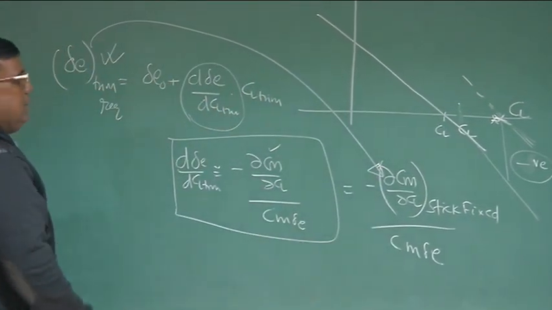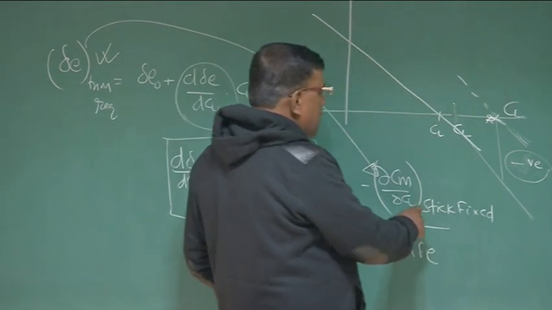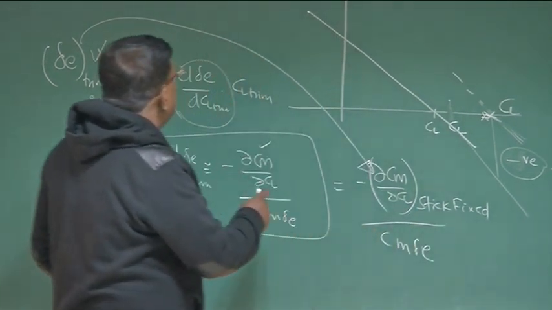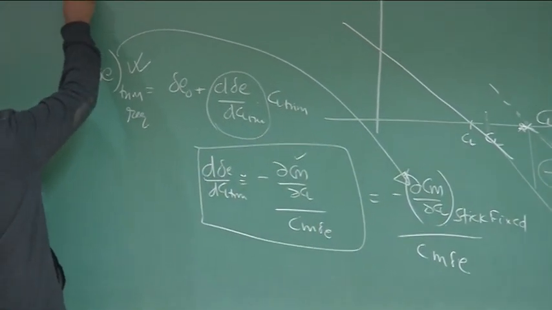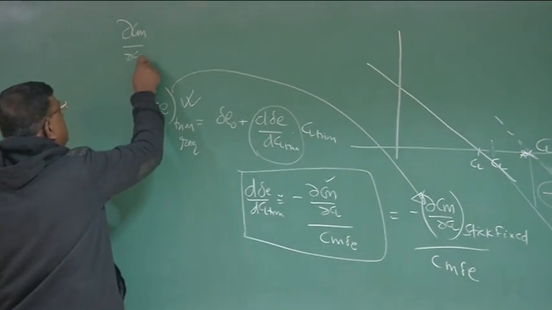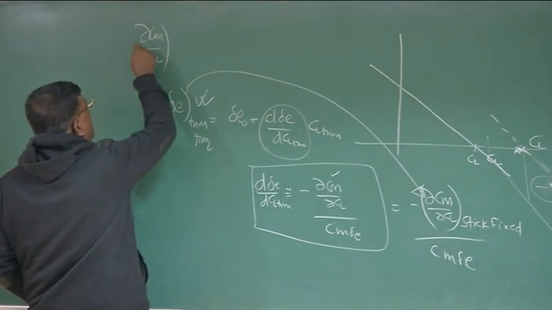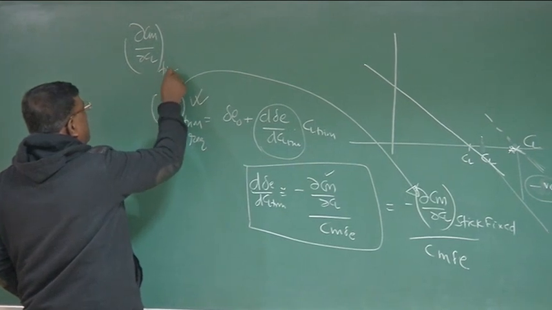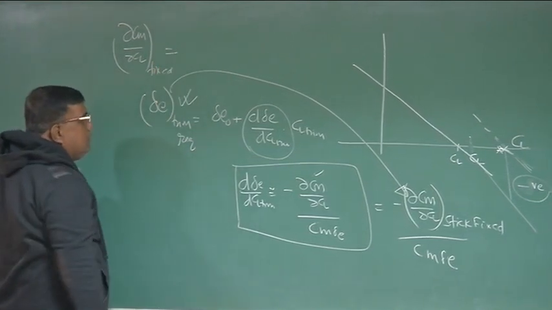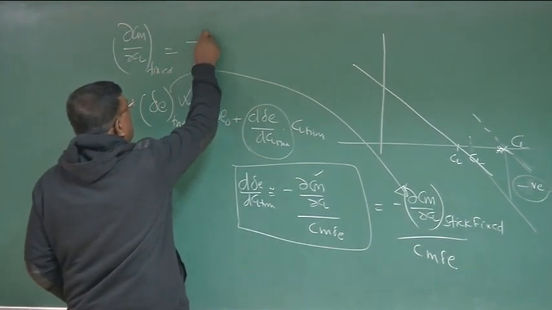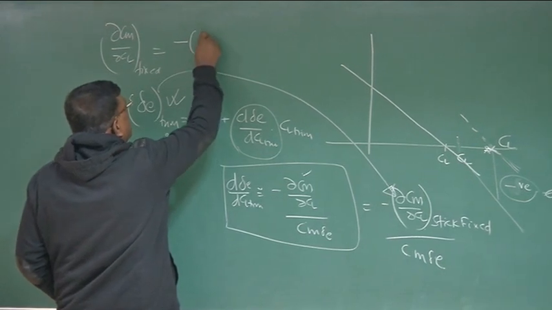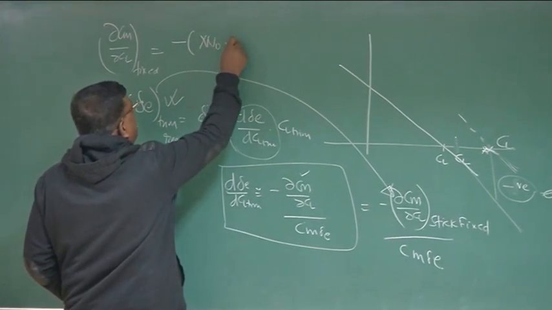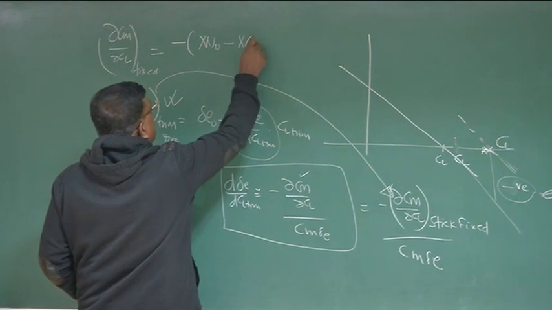And that dCm by dCl fixed, or dCm by dCl stick fixed, is nothing but, you know, minus static margin, so minus x n naught bar minus x cg bar. I put bar.